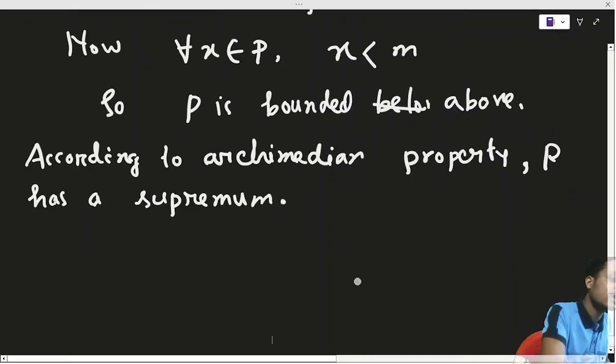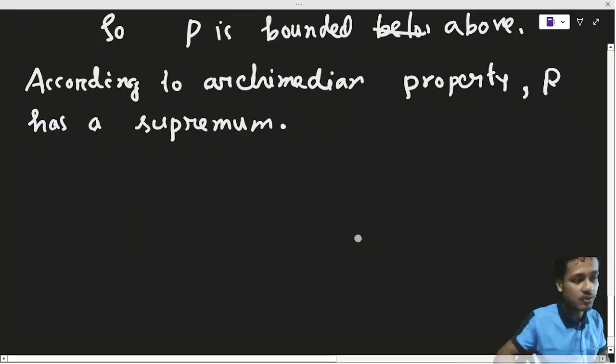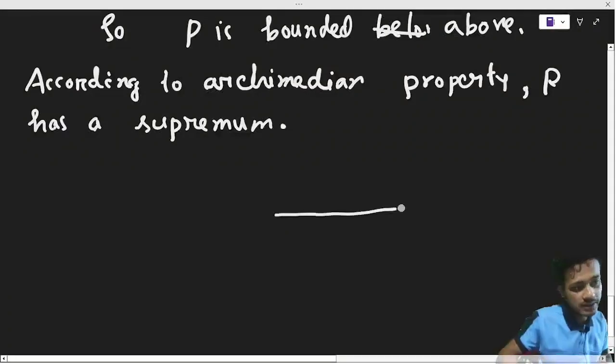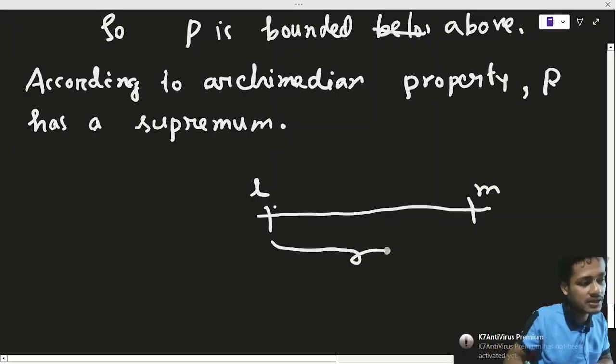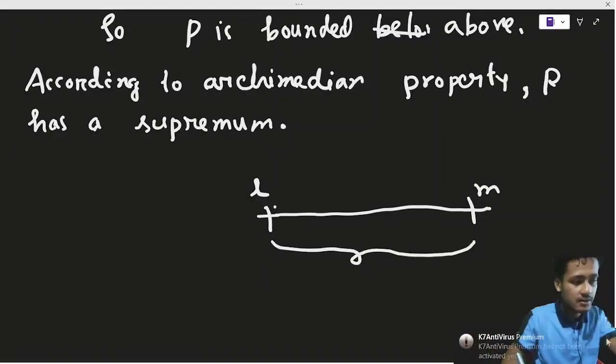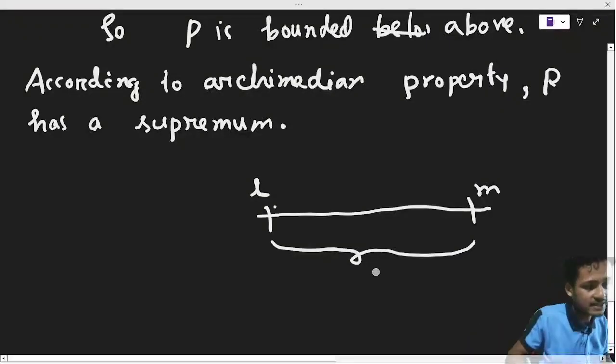अभी देखिए, अगर P का एक supremum है, मैं अभी डायग्राम के लिए मैं आपको दिखाना चाहता हूँ. मान लो ये एक इनफाइनाइट बाउंडेड सेट है, ये सेट S है, this is small l, this is small m, और ये जो सेट है, this is the set S. अभी P ऐसा लिया है, ये यहाँ से और कहाँ तक जाएगा, मान लीजिए यहाँ तक जाएगा.